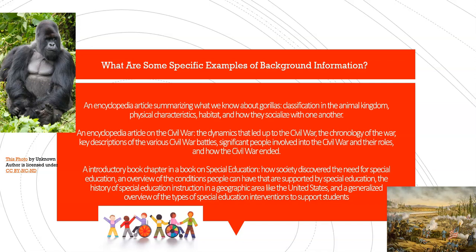So again, by reading these articles, we would by no means be experts on these topics, but we would have a good basic understanding of them to go and read further.